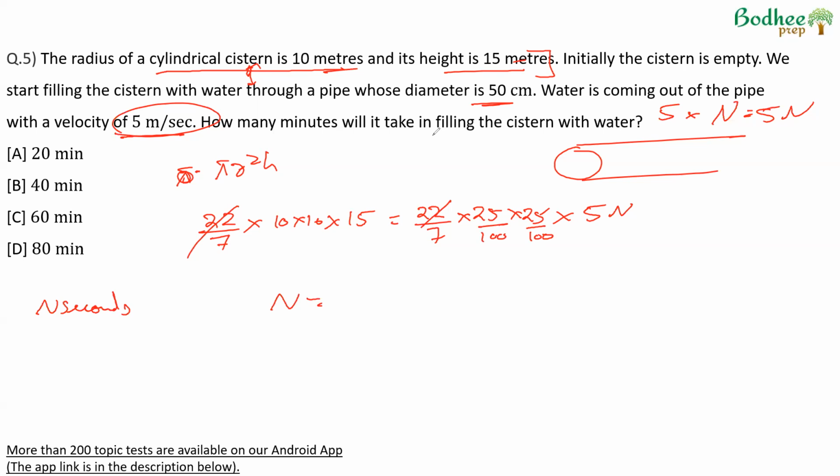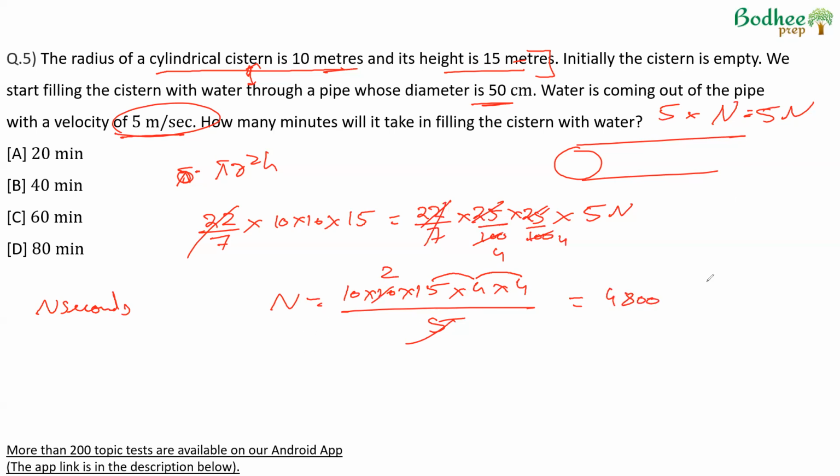Let's see, so this will be 1 by 4 and not 25. So n becomes, 22 by 7 is also cancelled, 10 into 10 into 15 into 4 into 4 by 5. So this becomes 60, 240, 480, 4800 seconds.